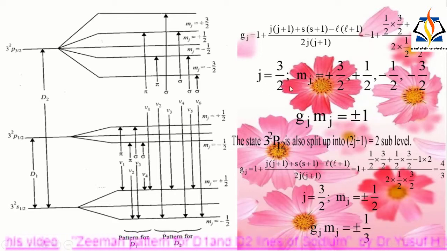For J equal to half, mj is equal to plus half and minus half. So g_J multiplied by mj is equal to plus minus 1.